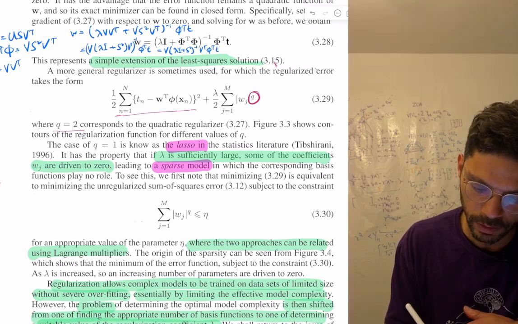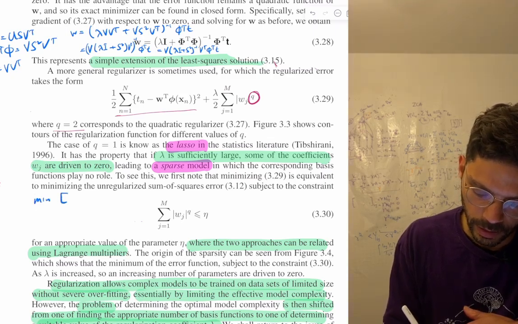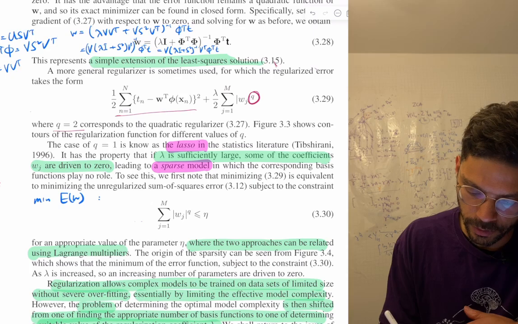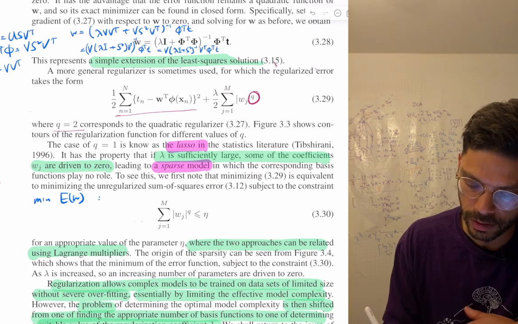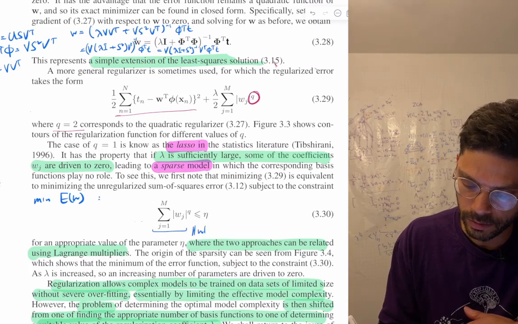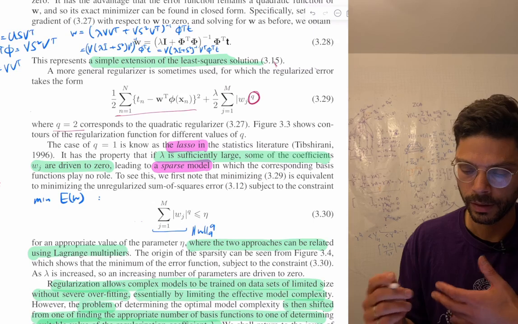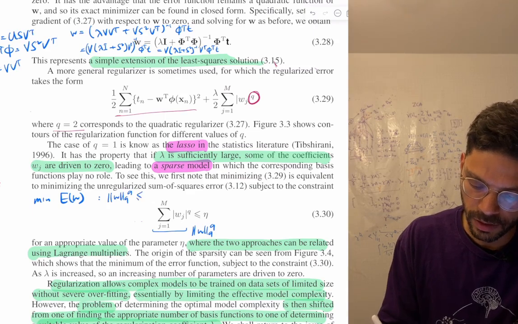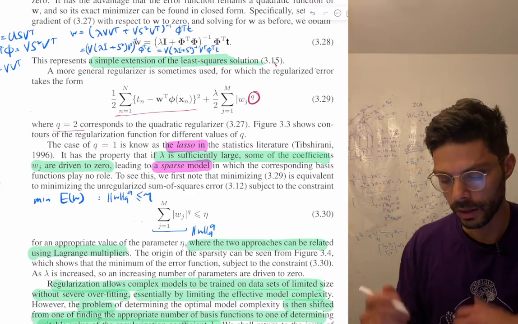We want to minimize E of W such that this is less than or equal to eta.